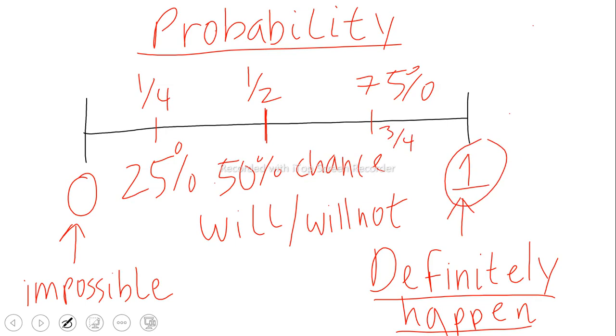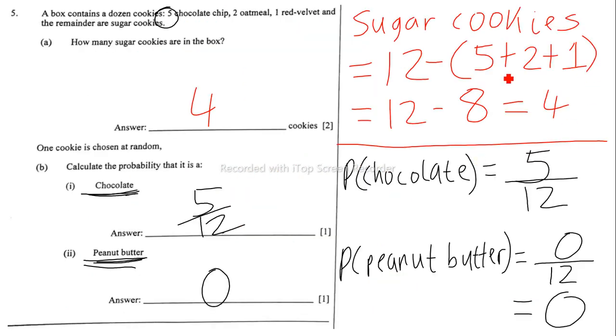Question: why do we have it in the middle? I thought it was either 0 or 1. Probabilities can be between 0 and 1. So it can lie anywhere between 0 and 1. That's why we have 5 over 12.